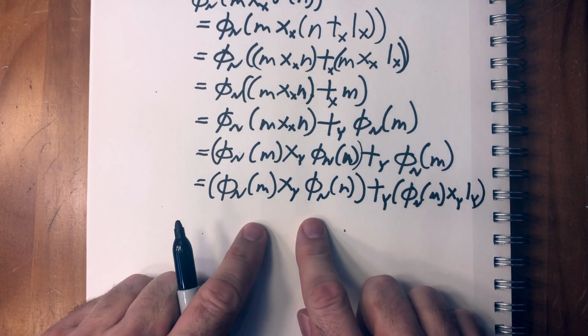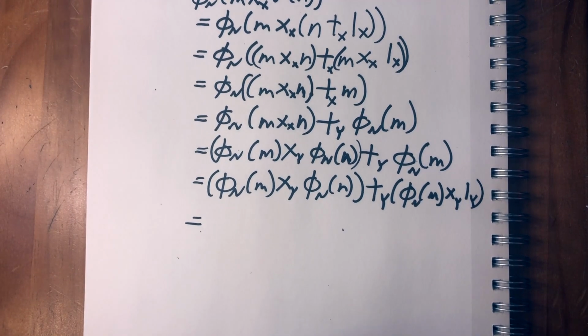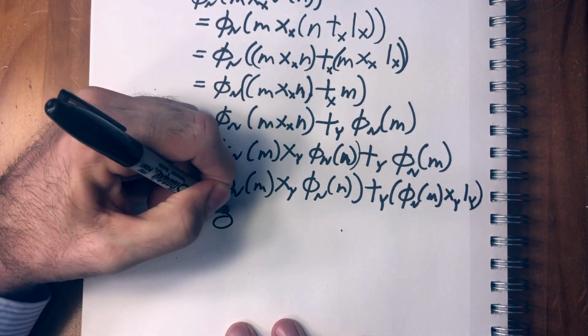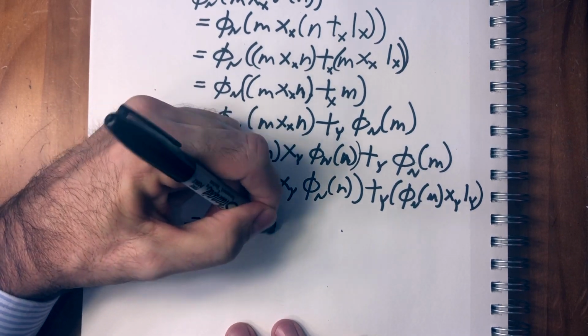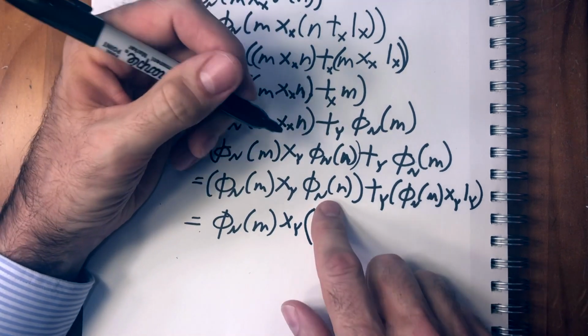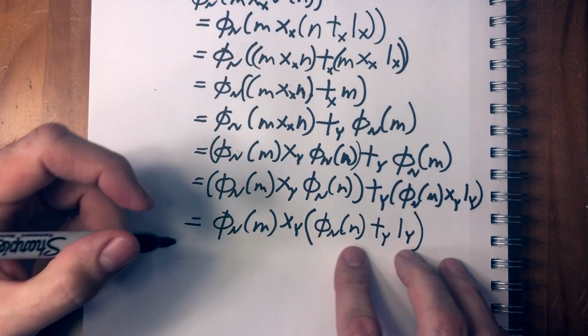So we haven't done anything there. So now we can use the distributive property in reverse. We're basically factoring out the m's, right? So we have phi of m times, and now everything we're doing is in y, phi of n plus 1, and now this is just the definition of sigma.